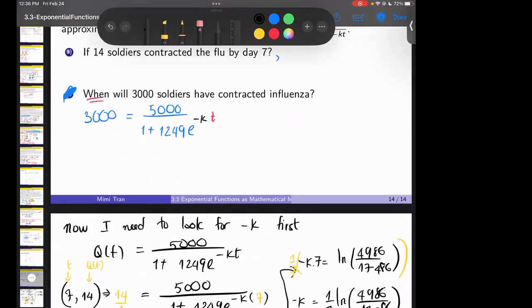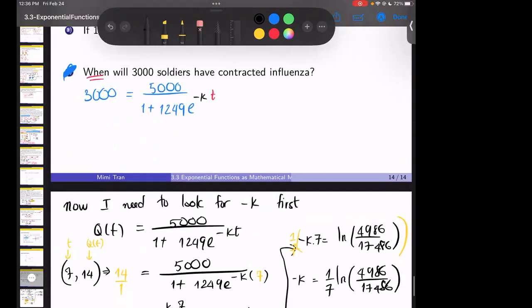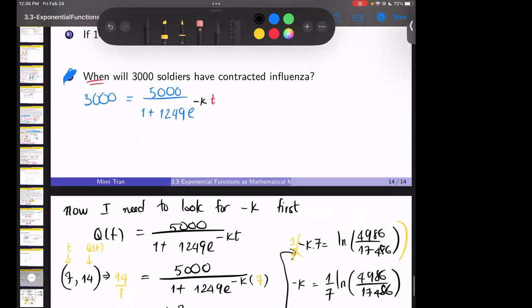Oh, good God. All right. Here's our dilemma. We're gonna solve another exponential function again.